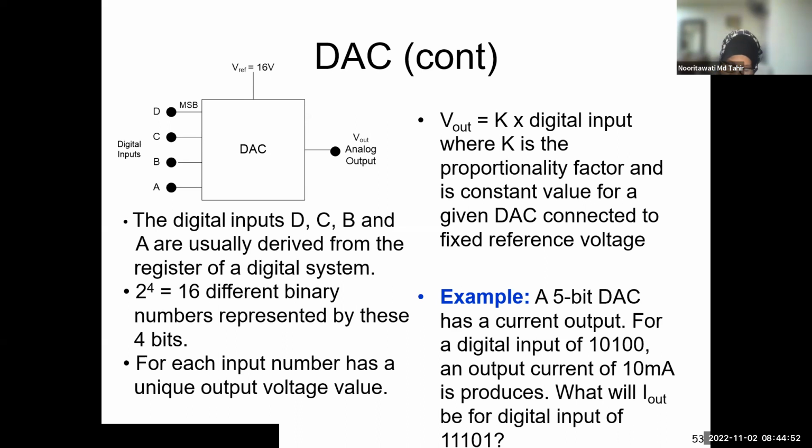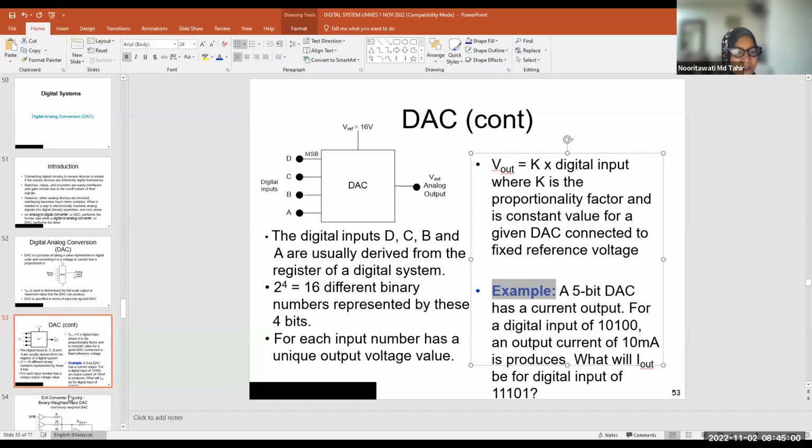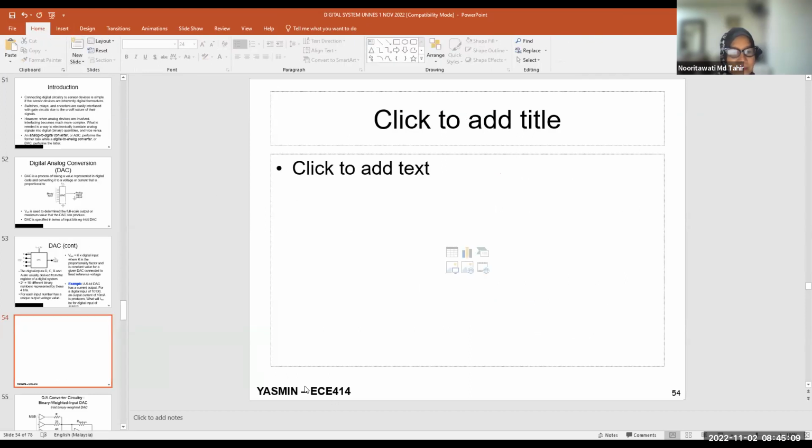So, bila dekat 11101, dia akan jadi, I akan masukkan blank sheet kat sini so that I can discuss with you the solution ya. Sekejap. Sekejap, saya ni.